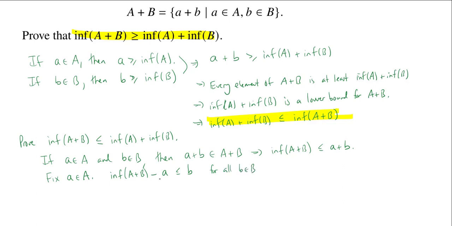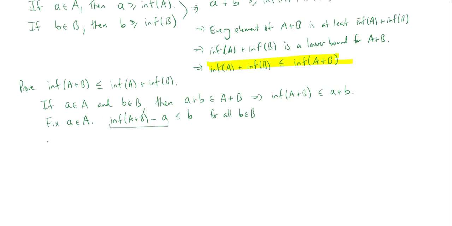So a is fixed. That's just some element of A. I have the infimum, that's fixed. But this number here is a lower bound for the set B, because it is less than or equal to little b for all b in B. So this implies that the difference between the infimum of A plus B and this fixed element a is a lower bound for the set B. But we know that the infimum of B is the greatest of all lower bounds.